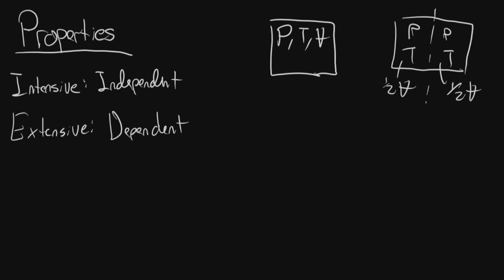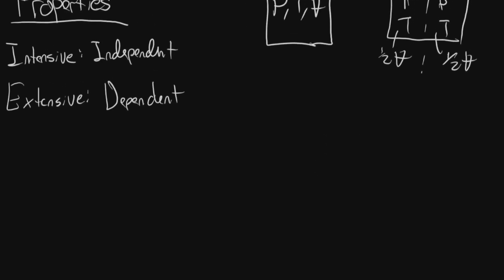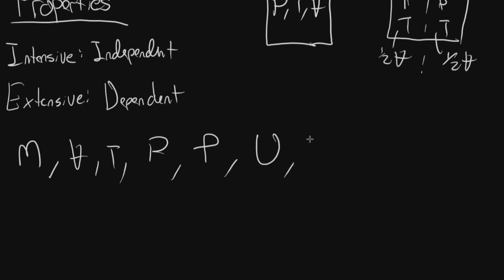Some properties that we can have are mass, volume, temperature, pressure. We can have density. Eventually we'll see other stuff like internal energy, entropy, enthalpy, things like that. So we'll talk about these later.